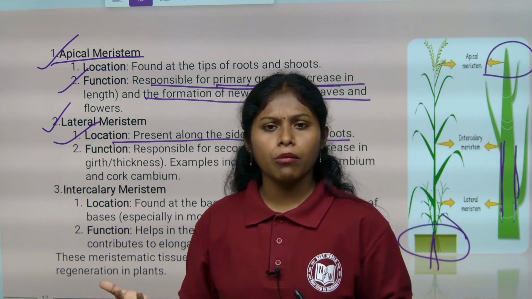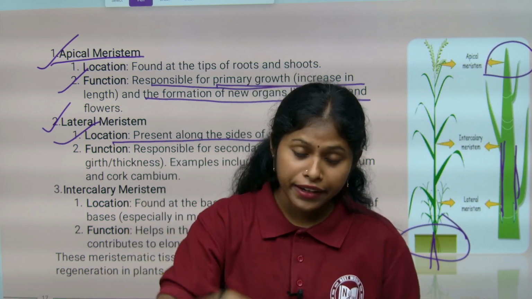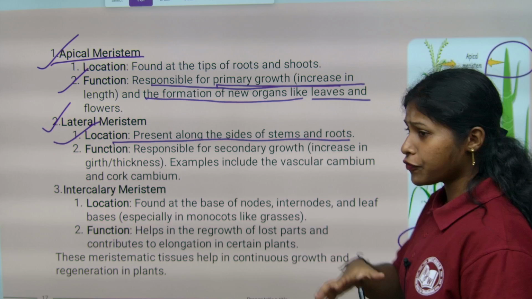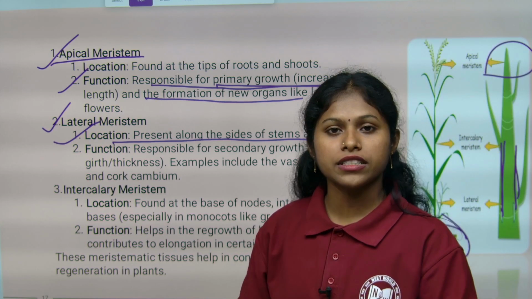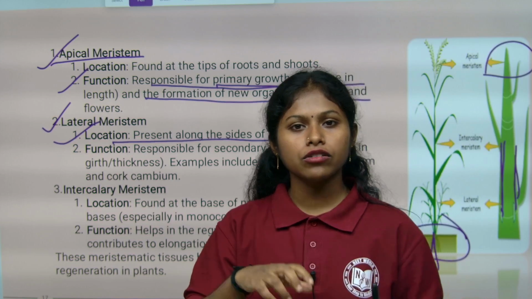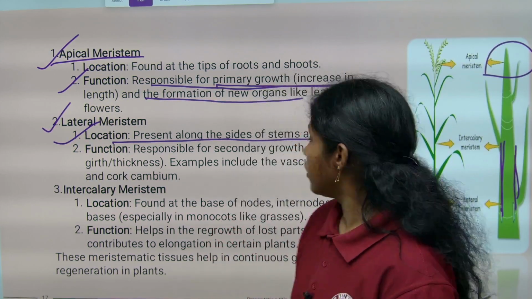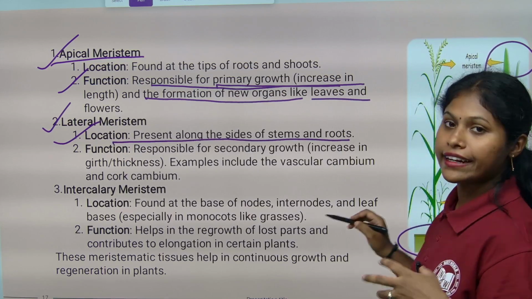Why do roots have lateral meristem? Because they have to penetrate into the soil, right? And they have to firmly attach to the soil, because of the tissue which helps in it, the lateral meristem.